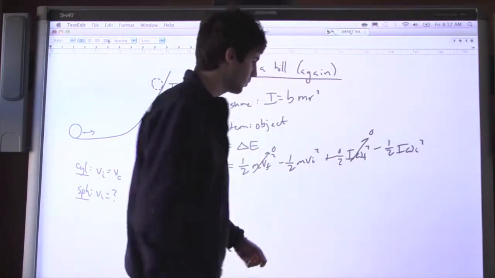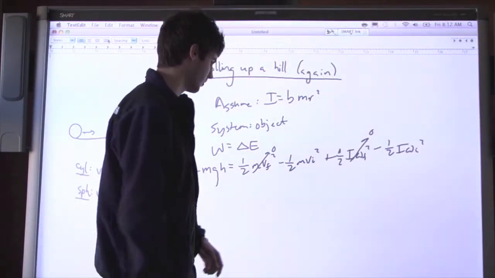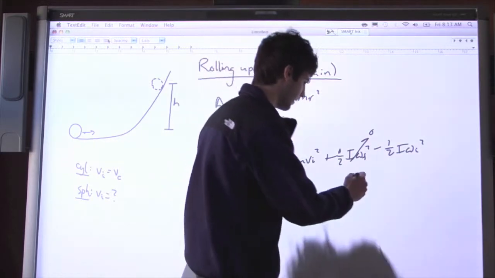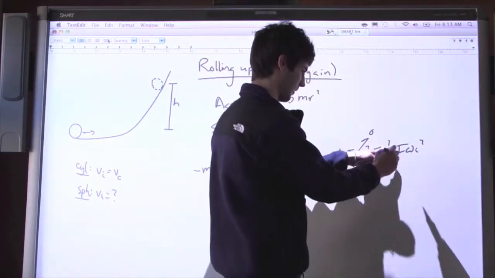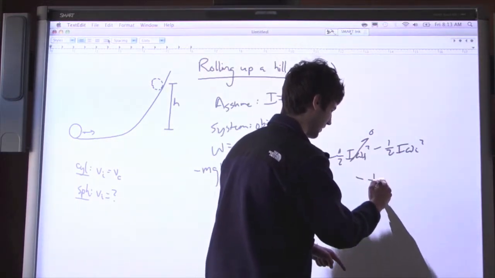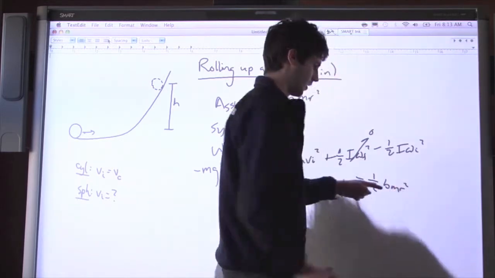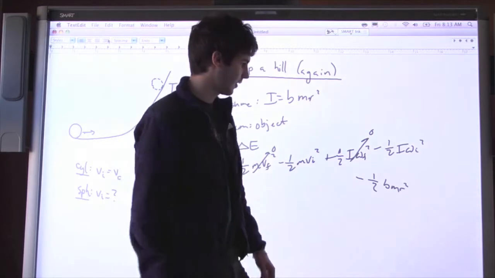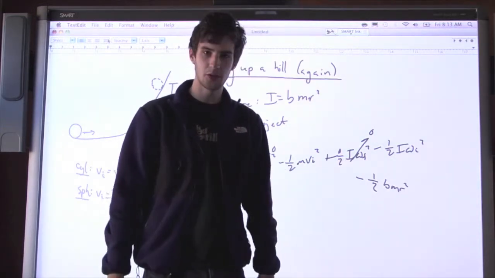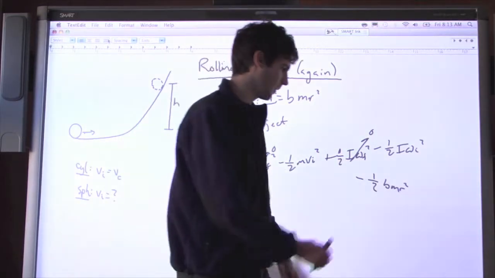So now at this point I'm going to do a trick that we often do and say, all right, well this part right here equals minus 1/2, and I is b mr squared. And I'm also going to apply the rolling condition that tells me omega squared equals v initial squared over r squared.